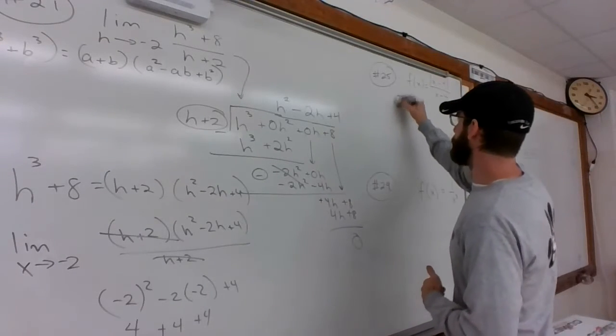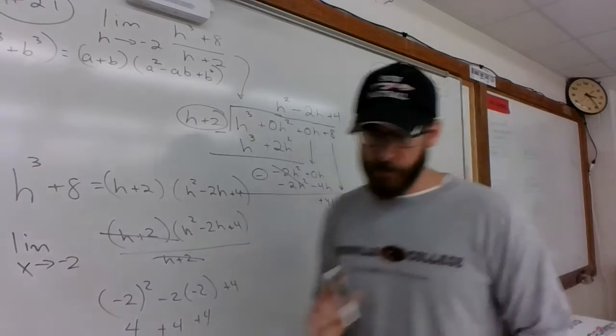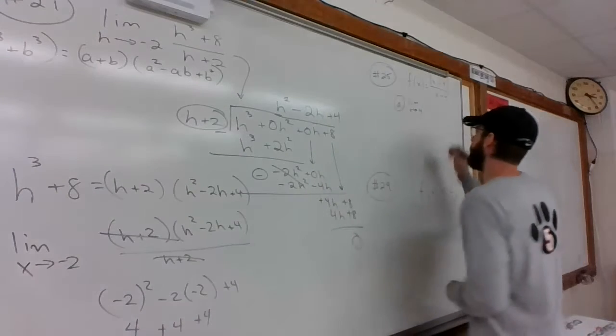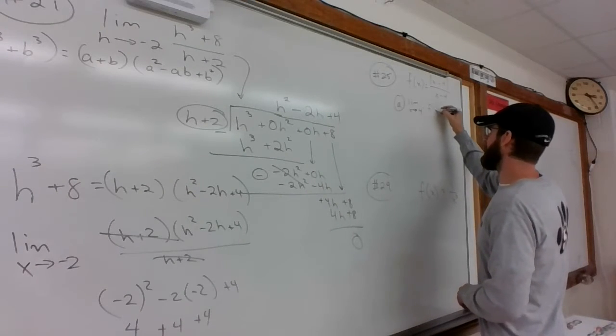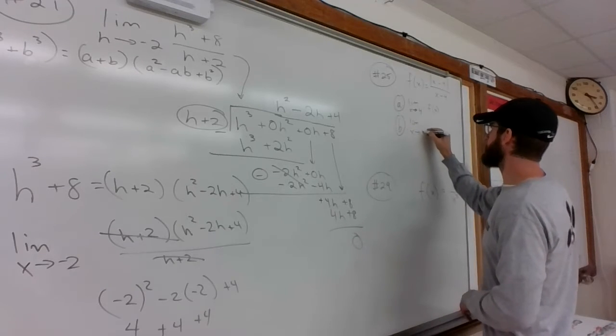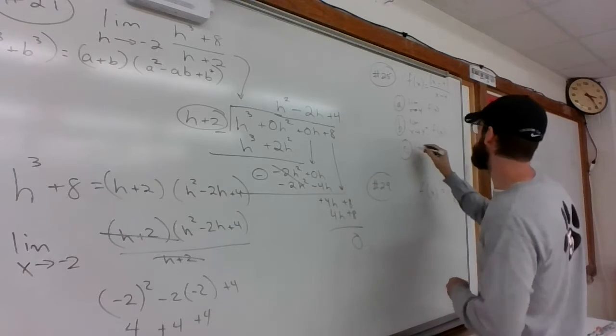This one wants you to compute the limit as x approaches 4 from the, I can't remember what the order was, left, right, and then at that spot. So 4 from the left of f of x, 4 from the right of f of x, and then just at 4.